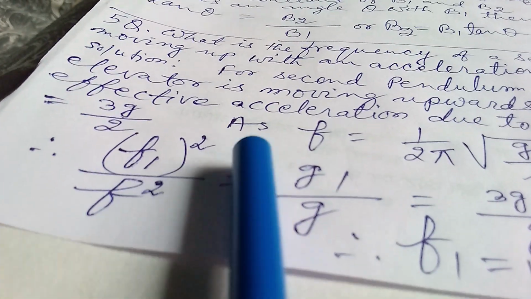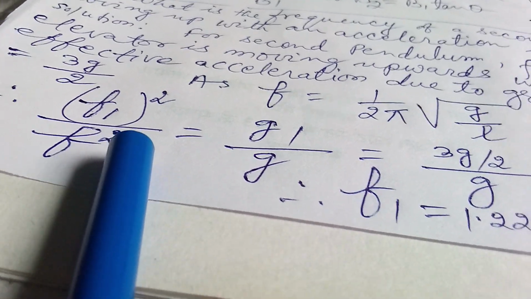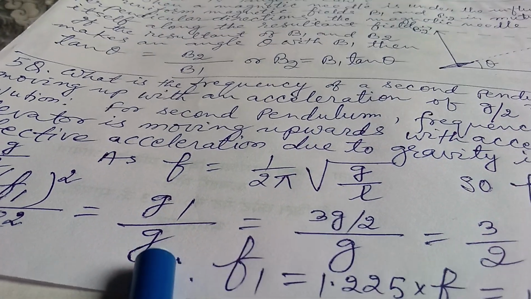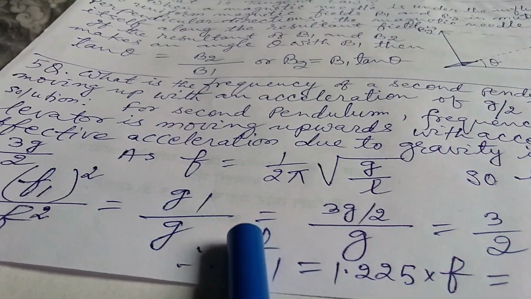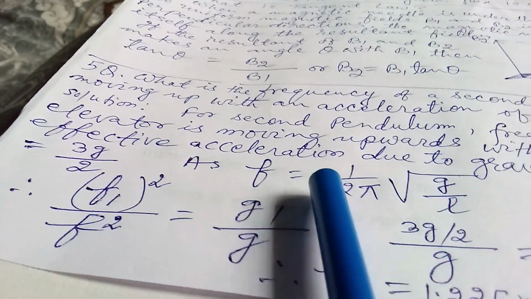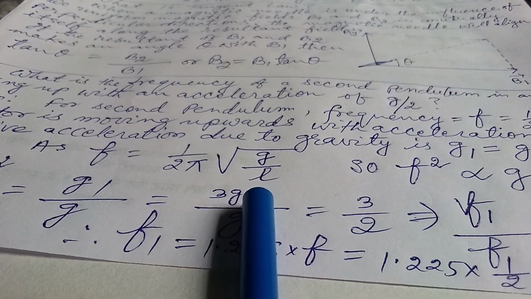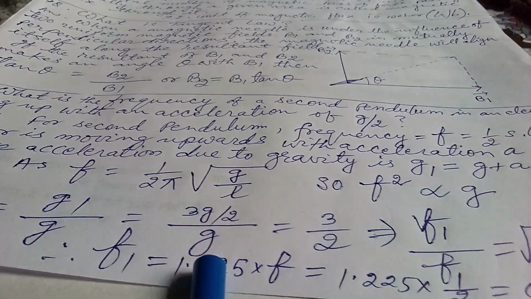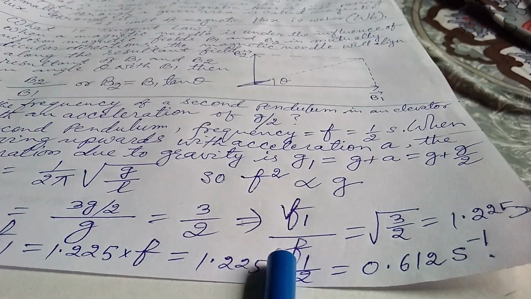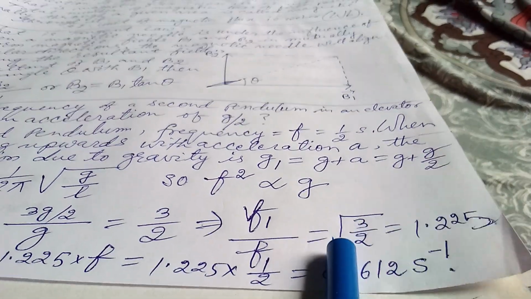Therefore f1 squared by f squared equals g1 by g, where g1 we have calculated, which is the effective acceleration. So g1 is 3g by 2, divided by g, the g will cancel, then 3 by 2 is left, and this implies f1 by f equals square root of 3 by 2.